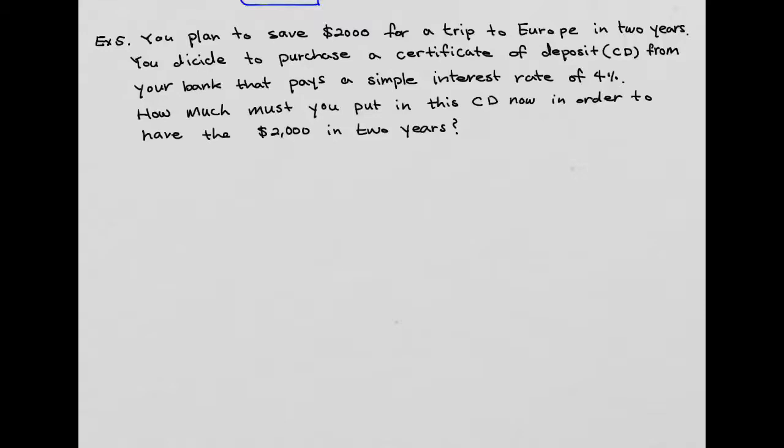So again, from the formula, A equals P times (1 plus rt). We want to make 2,000, and we want to know how much we're going to put in. So principal becomes X, and 1 plus your rate is 4%, so 0.04, 2 years, so it'll be 2.